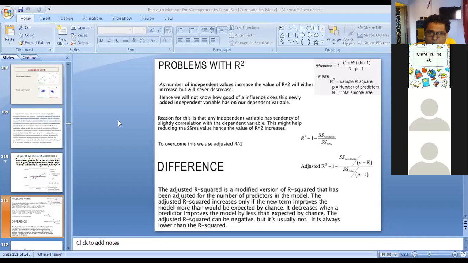It will not show you any kind of false relationship, but that kind of thing might happen in the case of R square due to the increase in sample size. So these are the basic concepts of regression.